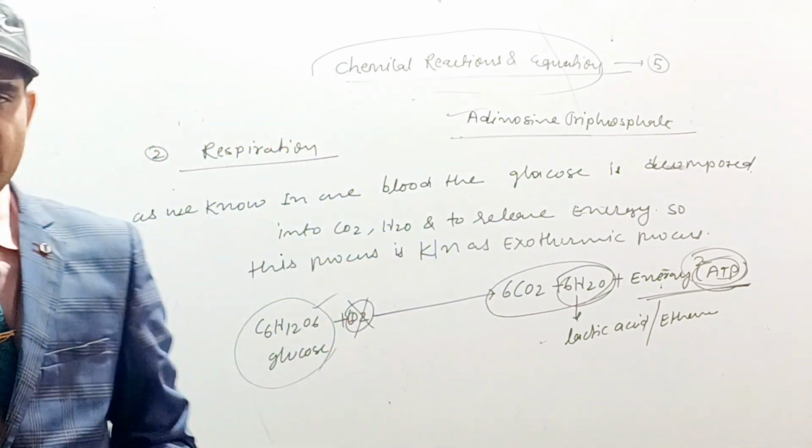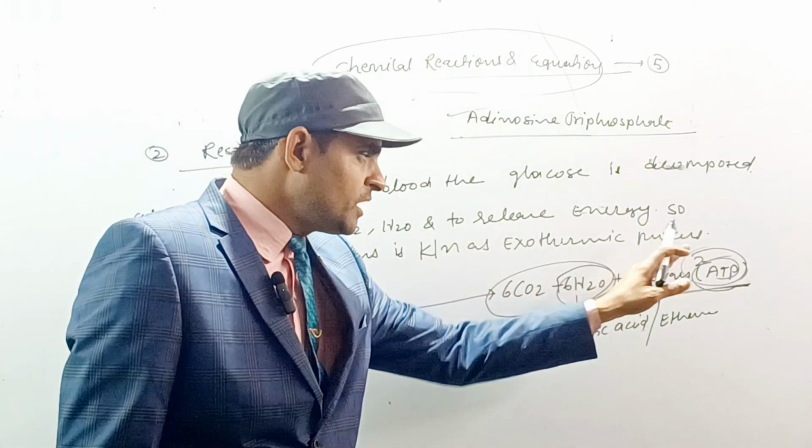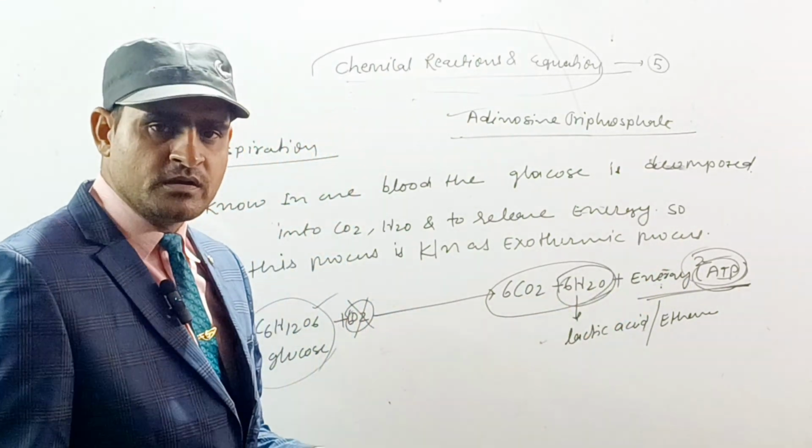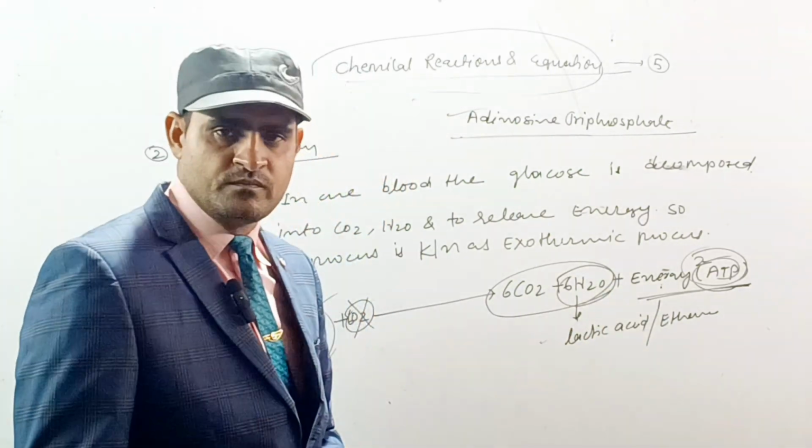So in aerobic respiration 36 ATP are formed, and in non-aerobic 2 ATP are formed.